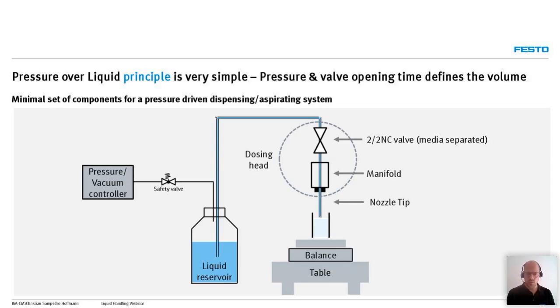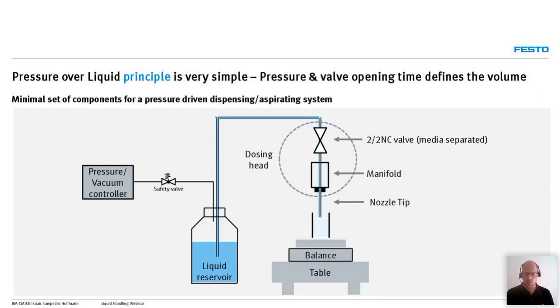Then the liquid is going through the tubing or the pipe to a valve. It's a 2/2 normally closed valve. We are using, and also recommend using, a membrane-separated valve. By opening and closing this tiny liquid valve, you dispense. So these two values, the defined pressure and the opening time of the valve, define how much liquid you dispense.